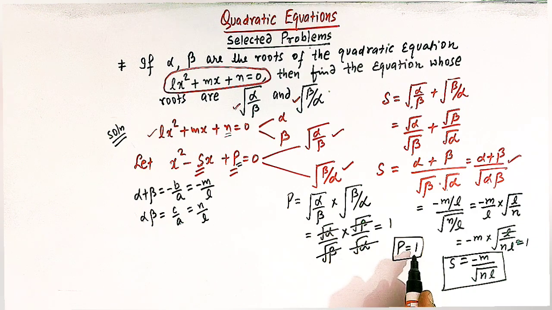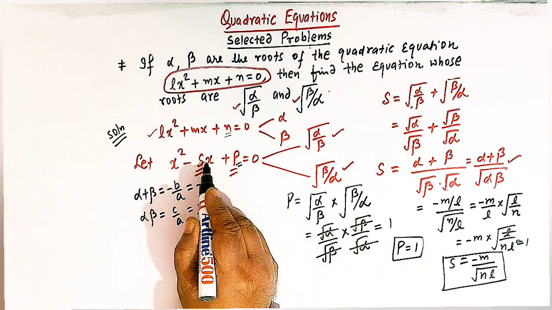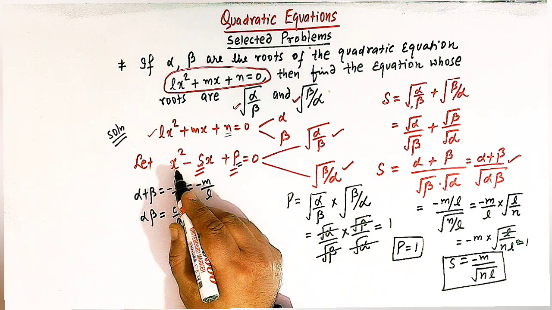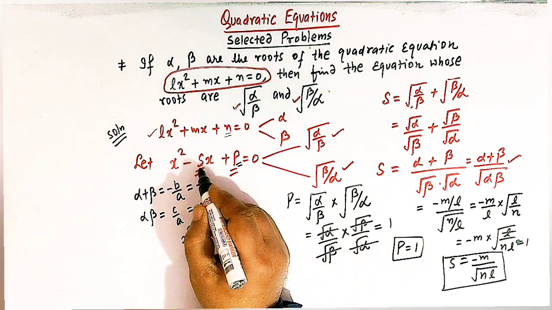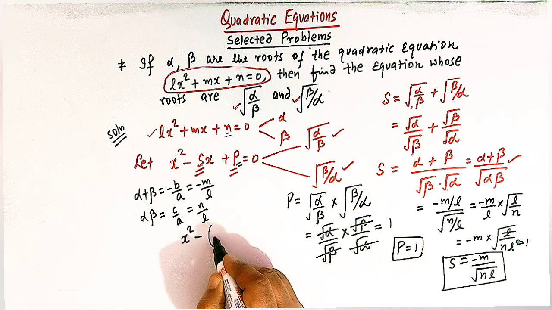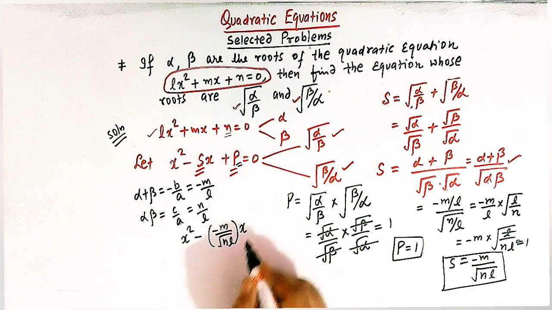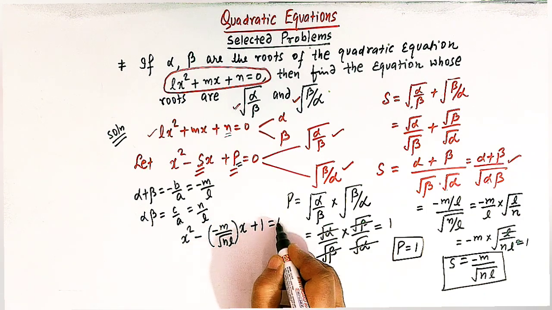So taking these values in this equation, the required quadratic equation is now given by x square minus s, that is minus m over square root of n times l, times x, plus 1.